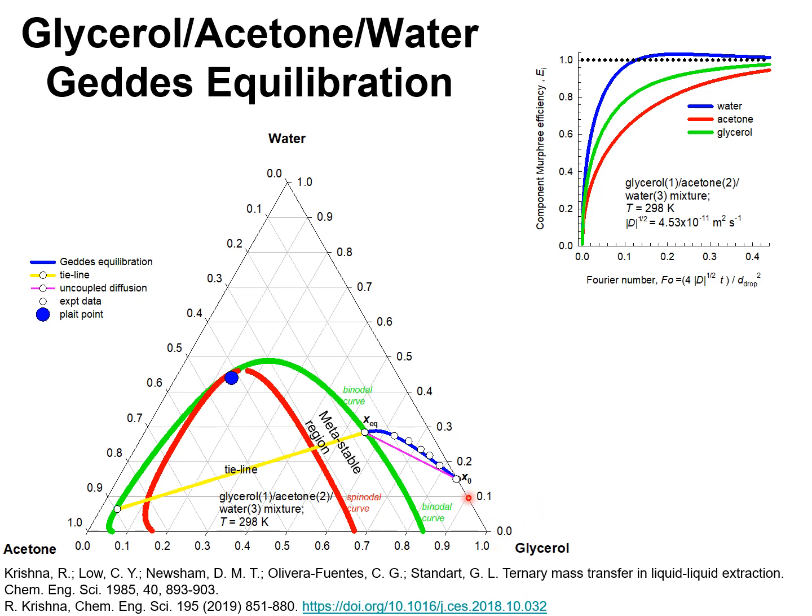So the message so far is that due to coupling effects in molecular diffusion, the equilibration trajectory followed by bubbles of vapor components in ternary distillation or liquid phase components in liquid extraction follow serpentine paths in composition space and do not follow the straight line trajectory anticipated by a model that assumes that the component efficiencies of each species is the same.